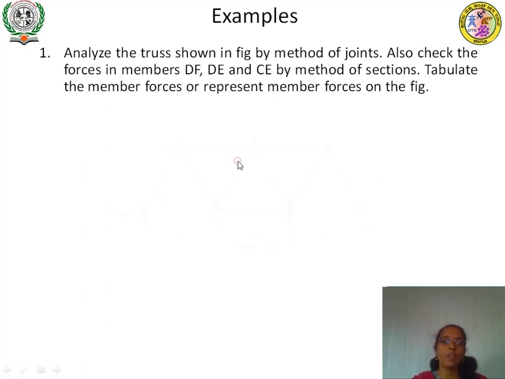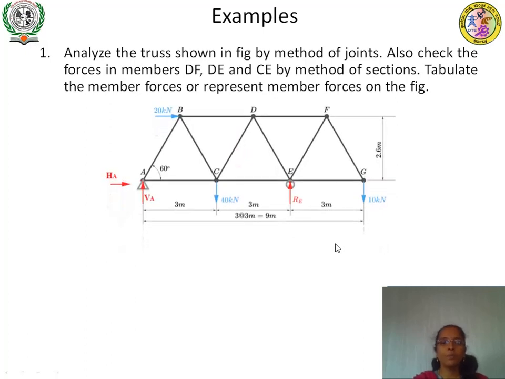So this is the given problem, simply supported, but it has some overhanging portion here. The truss is subjected to loading of 20 kilonewton at joint B, 40 at joint C, and 10 at joint G. Each span is 3 meters, and the height of the truss is 2.6 meters.